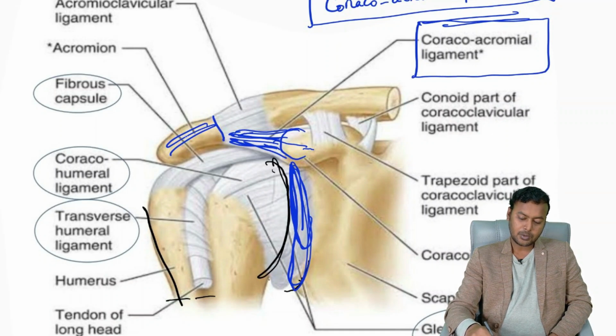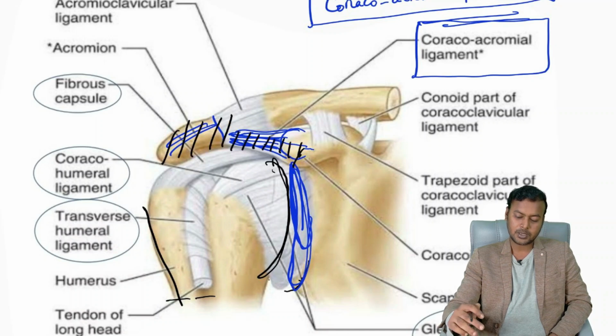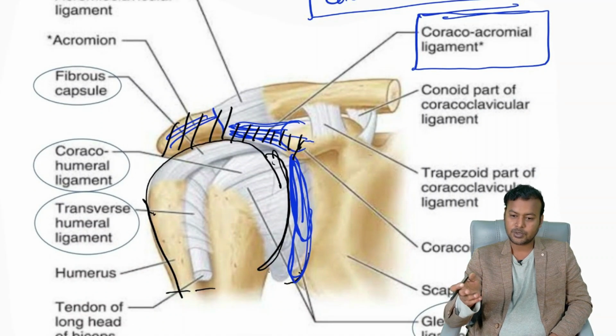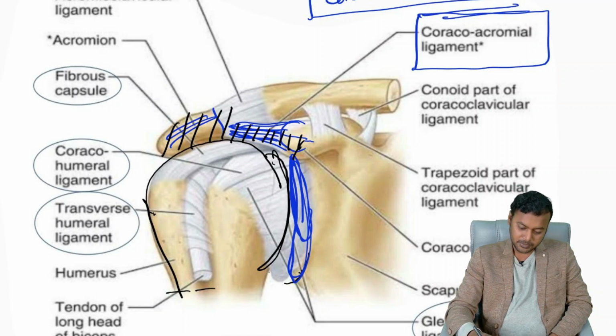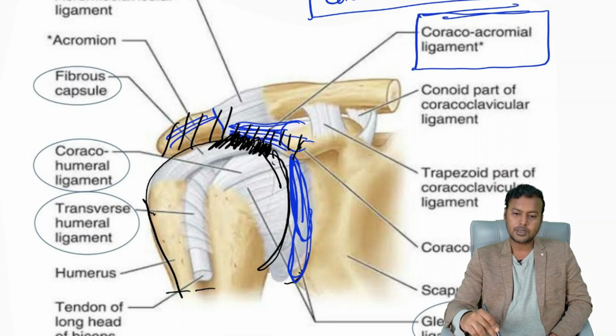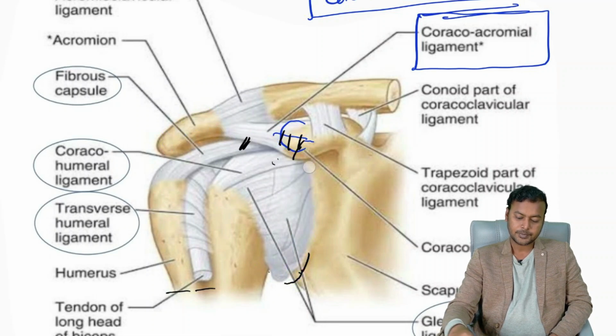Now when you look at this coracoacromial arch, it is forming a socket above the head of the humerus, and the suprahumeral articulation that we were talking about is taking place between this coracoacromial ligament and the fibrous capsule of the shoulder joint. Students, I hope you understood the concept of the coracoacromial arch.